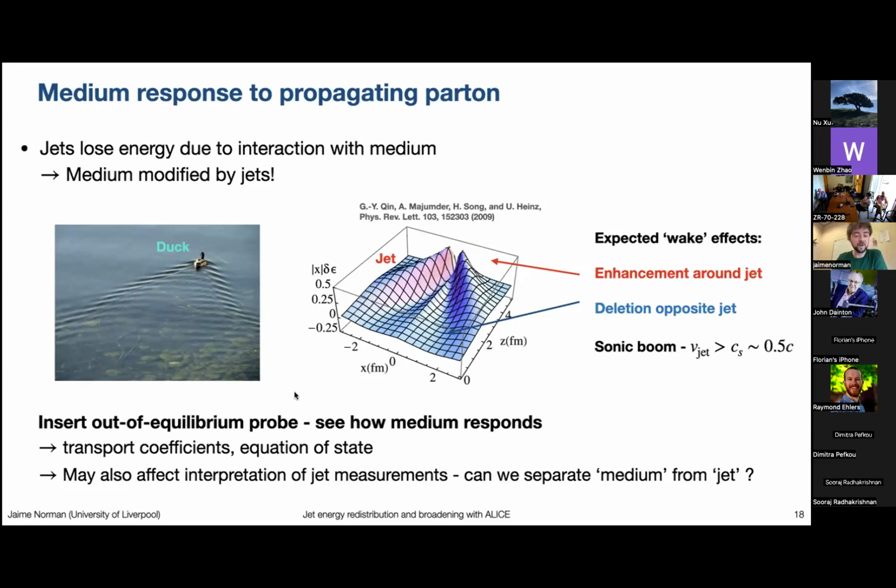And it's the same with the Quark-Gluon Plasma. We can try to determine its equation of state through these measurements. These wake effects may also affect the interpretation of jet measurements. So can we separate the medium from the jet? Or how do these medium effects affect these jet measurements?